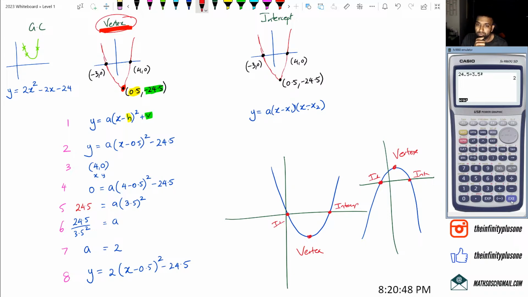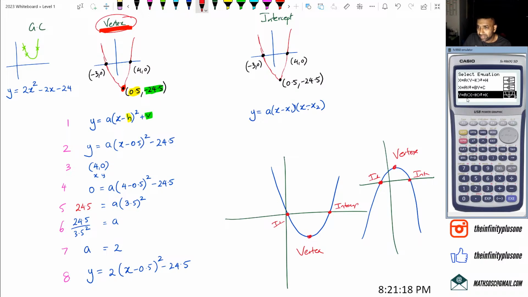Now Ella, how do you find the vertex on the graphics calculator? I don't think I've seen it until you go into conics, but yeah, they have it there in the graphics calculator, but you have to put in those a, h, and k values.